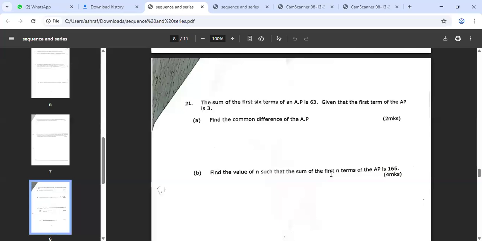Try it out. You can share your answer if you've gotten the value of n.